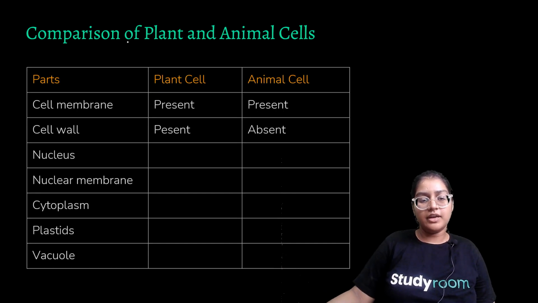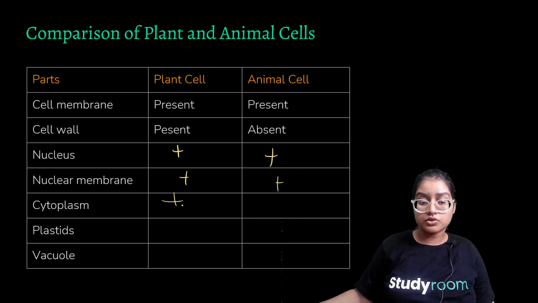Now we have a table. Here it's mentioned for the various plants. Cell membrane is present in plants and in animals. Cell wall is present only in plants, not in animals. Nucleus is present in both. Nuclear membrane is also present in both. Cytoplasm is also present in both. Plastids are only present in plant cells, absent in animal cells.